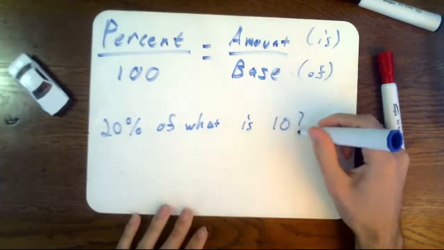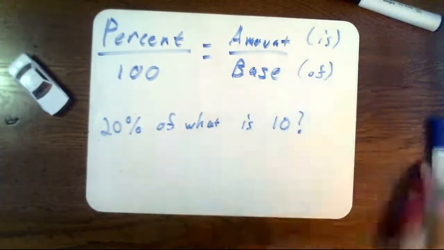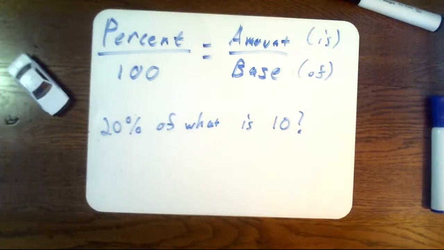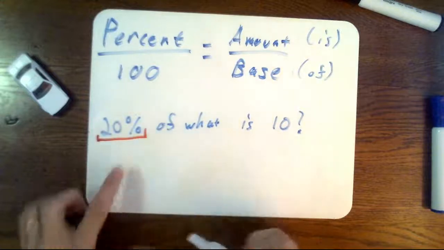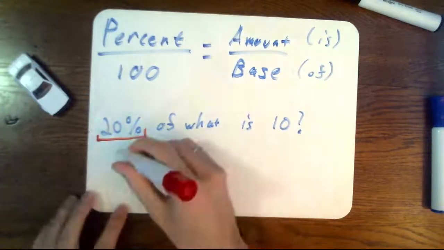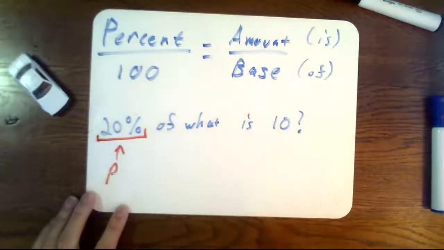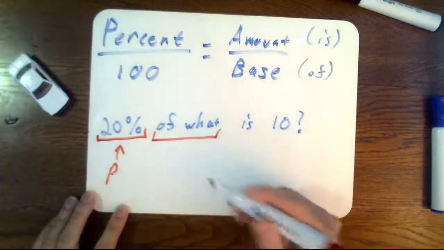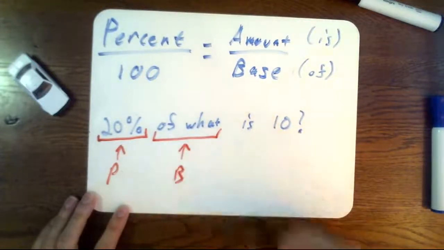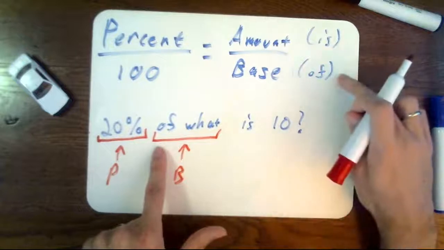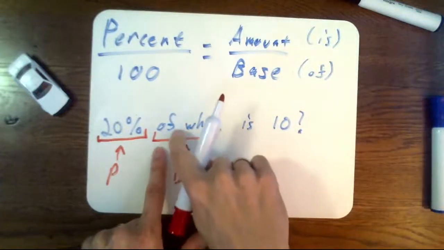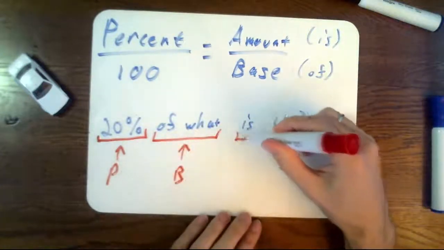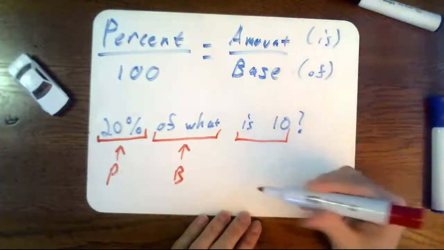So before setting up our equation, we have to think about where to put the numbers, or how to identify the numbers. 20%, this has the percent symbol on it. So this is our percent. Of what? Of meaning this is the base. And it's always like that. That of is always going to hang on. Is 10. Is means it is the amount.